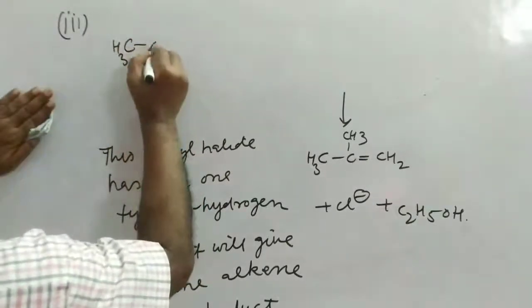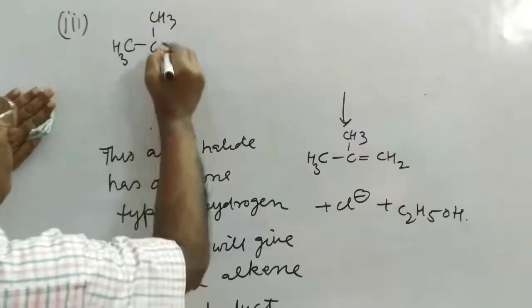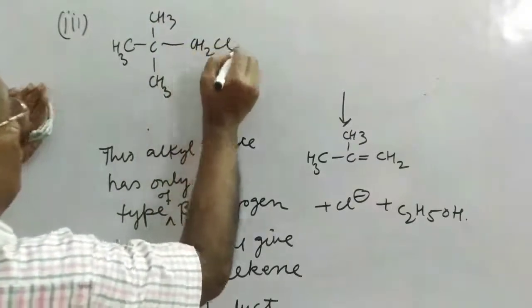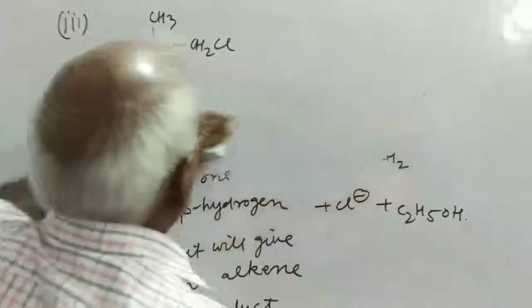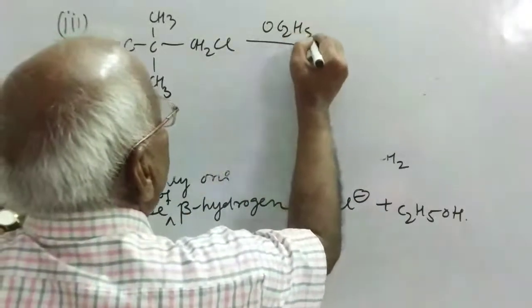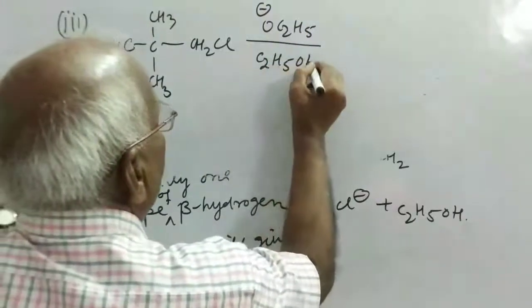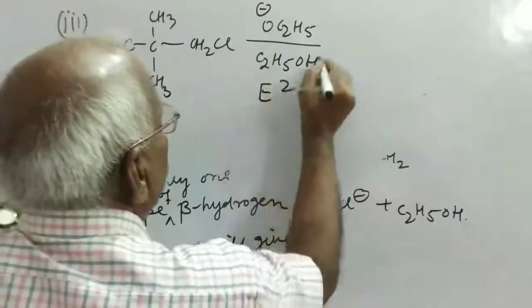CH3, CH2, Cl. It is treated with ethoxide ion in presence of ethanol, for the E2 reaction.